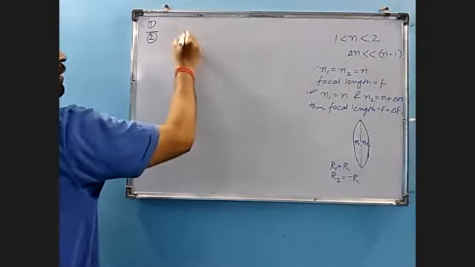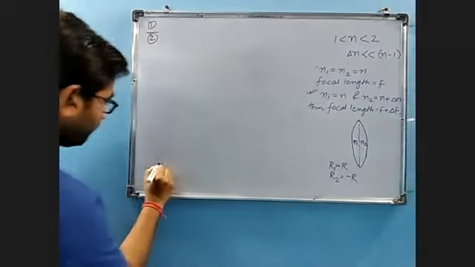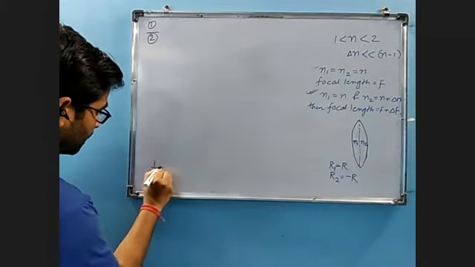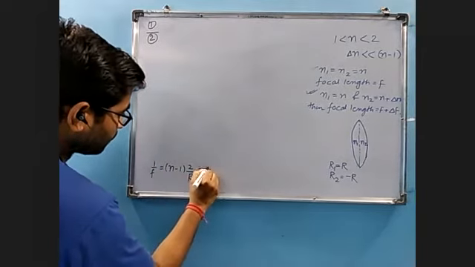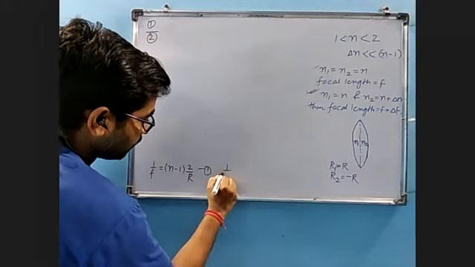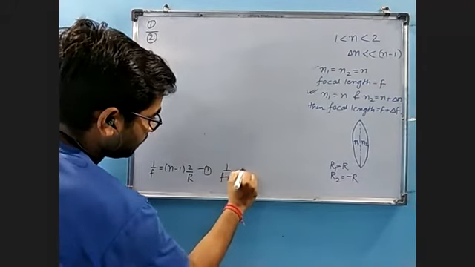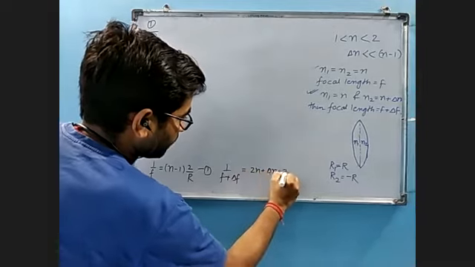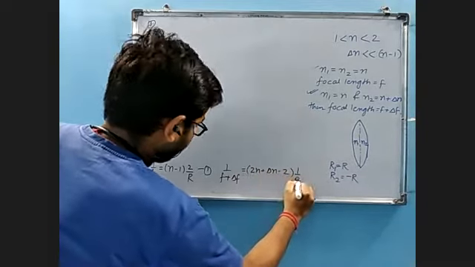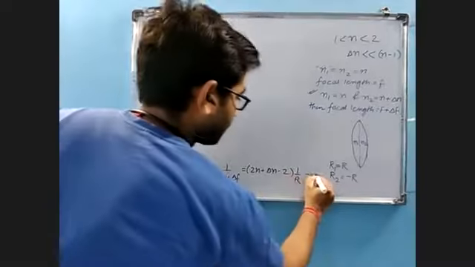Let me write it here. 1 upon f is equal to n minus 1, 2 by r. This was the first equation. The second equation was 1 upon f plus delta f is equal to 2n plus delta n minus 2 into 1 upon r.